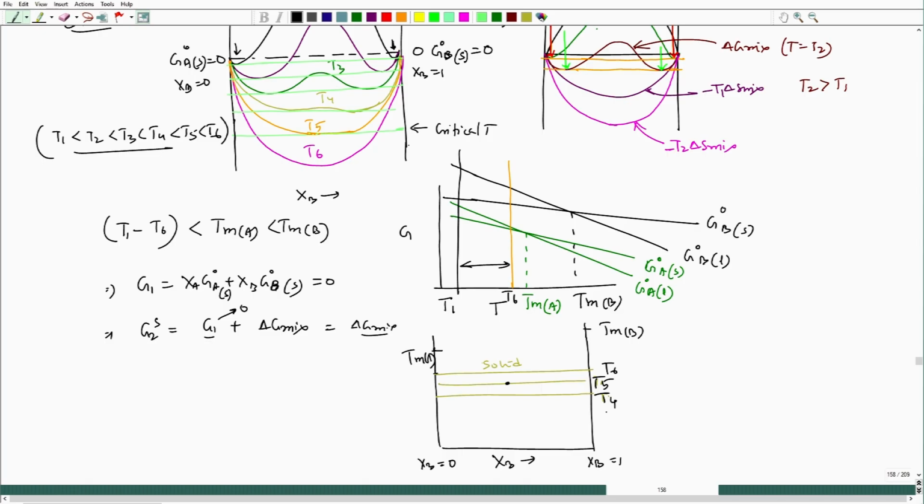The T4 case, these two compositions are lying at these two locations. Now, T3, these are located here.